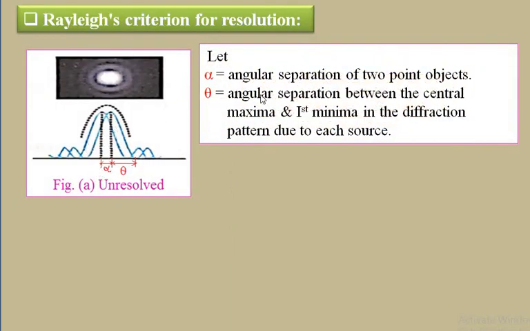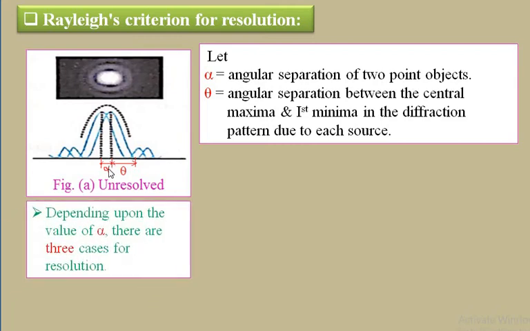Let alpha be the angular separation between the two point objects. See the figure. Alpha is the angular separation between the two point objects, and theta is the angular separation between the central maxima and the first minima in the diffraction pattern due to each source.